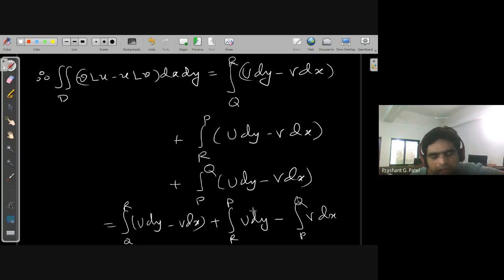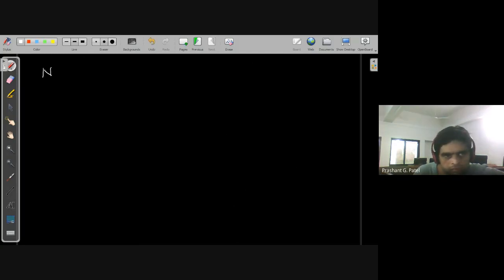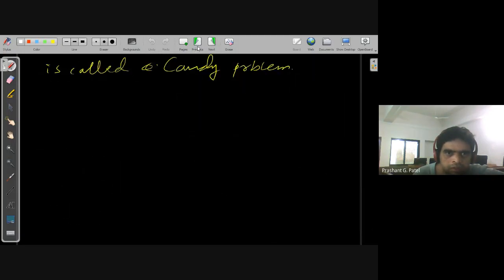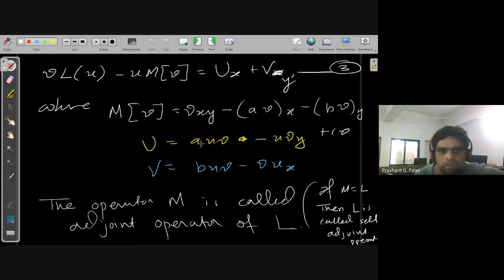Now let us compute the last term, that is this quantity. Integration from P to Q, v dx. Now, what is the value of v we have? Let us recall that. The value of v which we have obtained from here is this: b uv, plus, it has to be plus here.